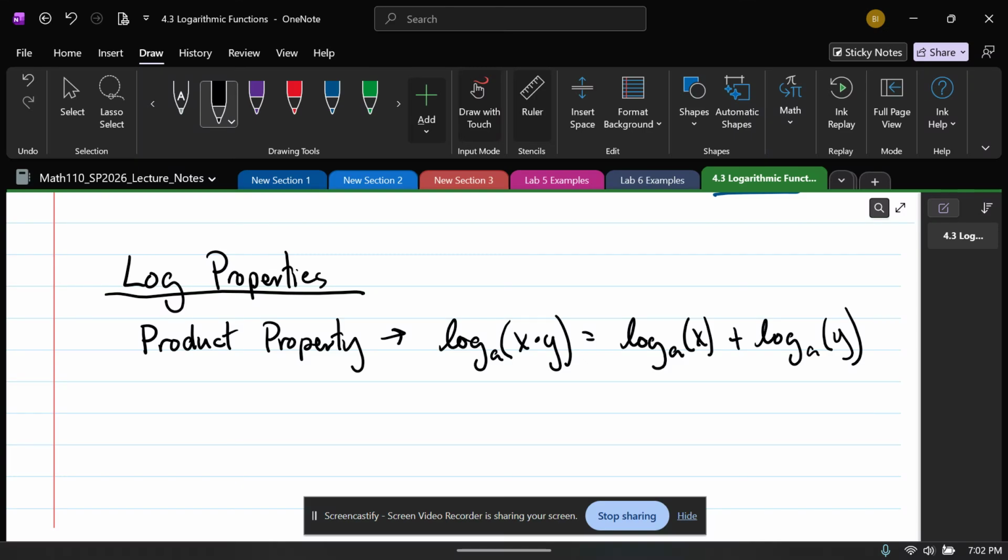You can also take an addition problem and condense it into one single logarithm by changing addition into multiplication. So the product property: if you have things multiplied together inside of a log, they can spread out to be individuals that are added together. Opposite of a product would be a quotient. So we got a quotient property.